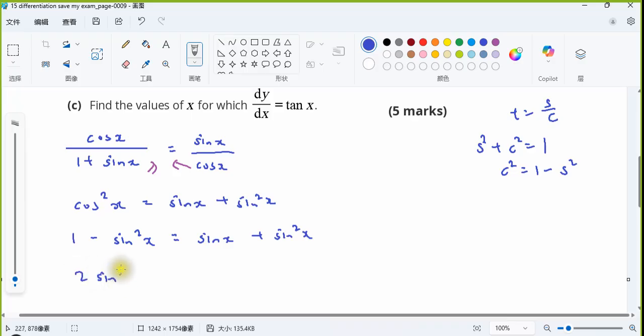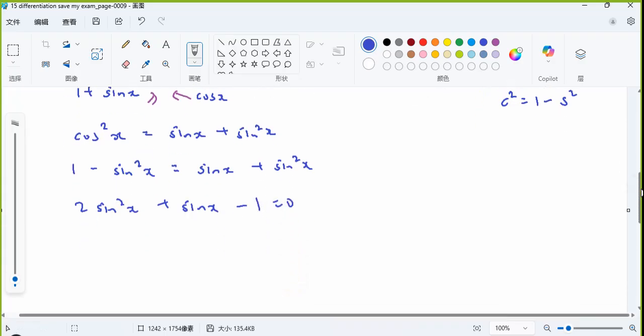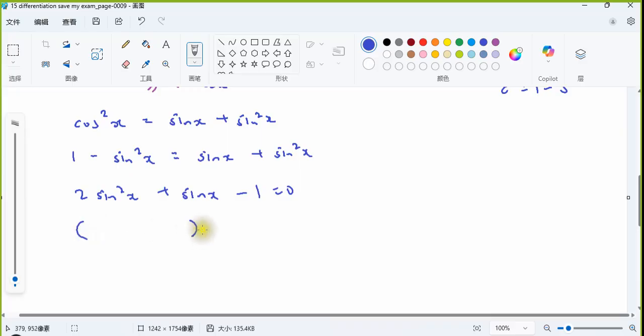So we have 2 sin squared x plus sin x minus 1 equal to 0. Then we do the factorization: (2 sin x minus 1)(sin x plus 1) equals 0. So sin x equals negative 1.